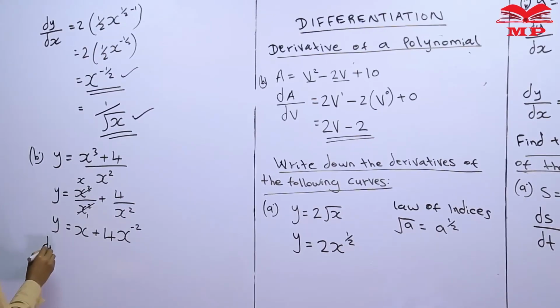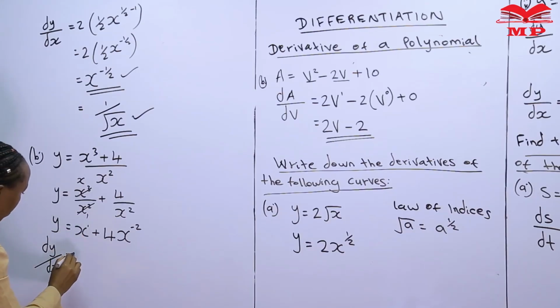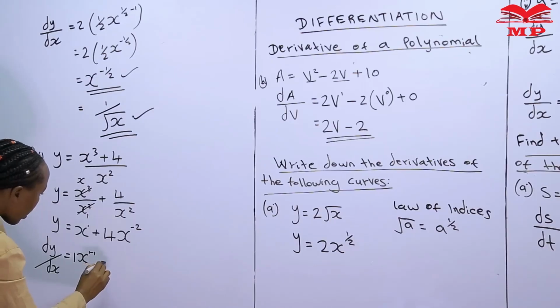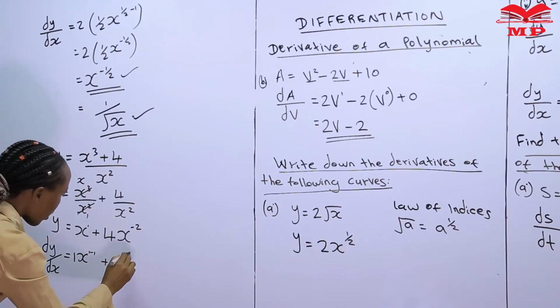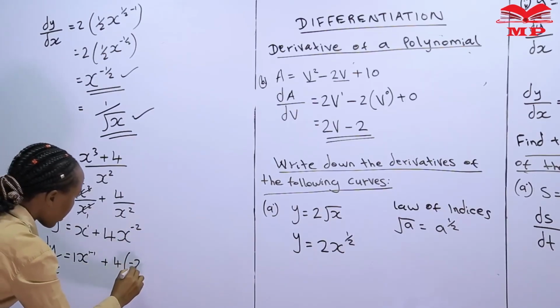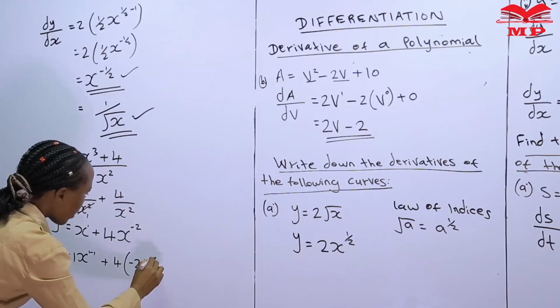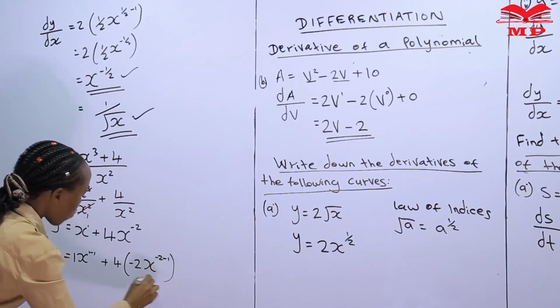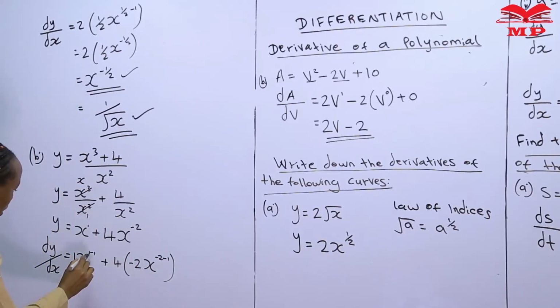And therefore, dy all over dx, that is the derivative, will be, this is raised to power 1, so we are going to have 1 times x raised to power 1 minus 1. Then plus 4 into bracket, we have here negative 2x raised to power negative 2 minus 1. So we are going to have this one, this is 0, and number raised to power 0 is 1.